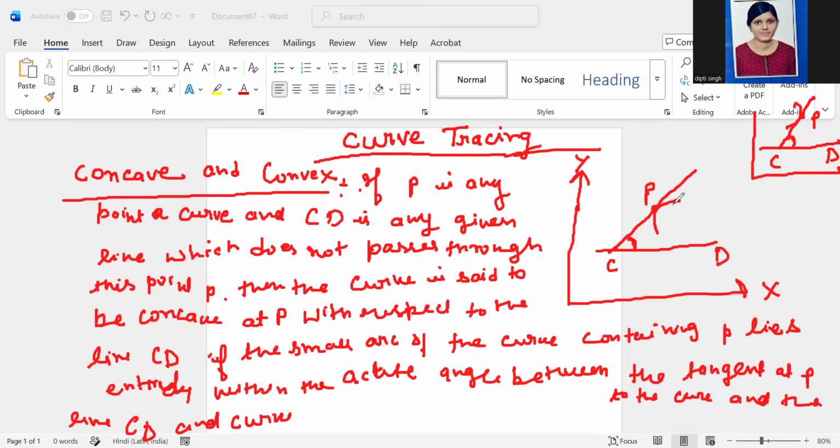If it is inside the acute angle, then it is called concave, and if it is outside the acute angle, then it is called convex. So I think it is clear: this graph is for concave, and this is for convex. Is that clear? Okay, let me move to the next point.